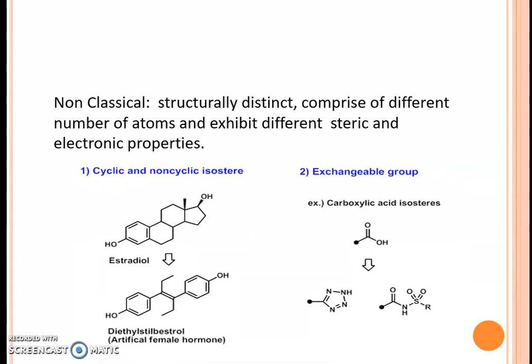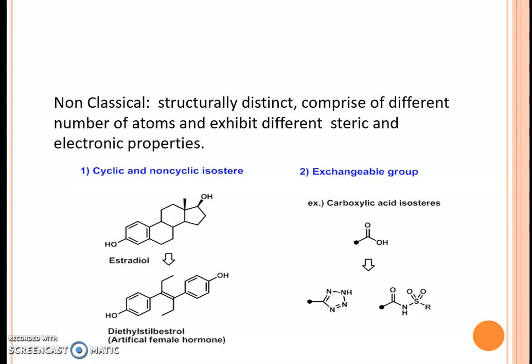Non-classical bioisosters are structurally distinct, comprise a different number of atoms and exhibit different steric and electronic properties. That is, their structure is different and they also have different steric and electronic properties.